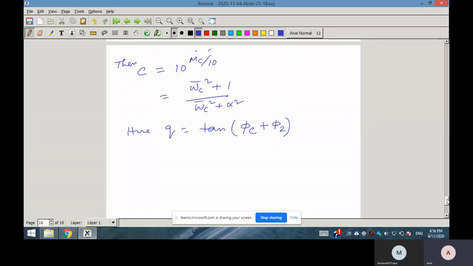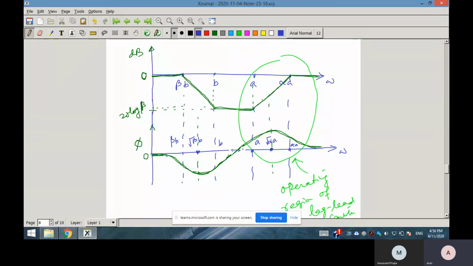Because, as it is shown in this figure, we'll be operating in this region. In this region it may happen that if B and A are far away, then the lag part will not contribute any phase lag. But if B and A are not too far away, then whatever phase lead we are expecting from the lead part, some amount of negative phase will be provided by the lag part also, because at that time the lag part phase will not become zero.